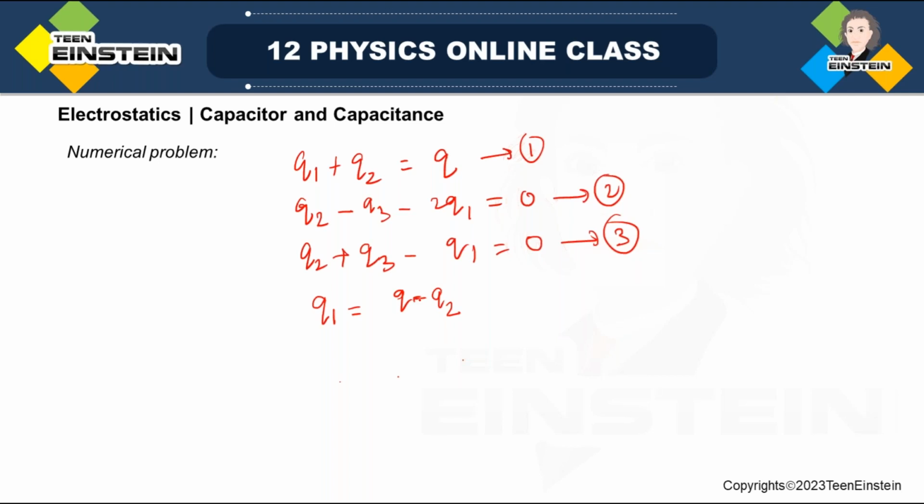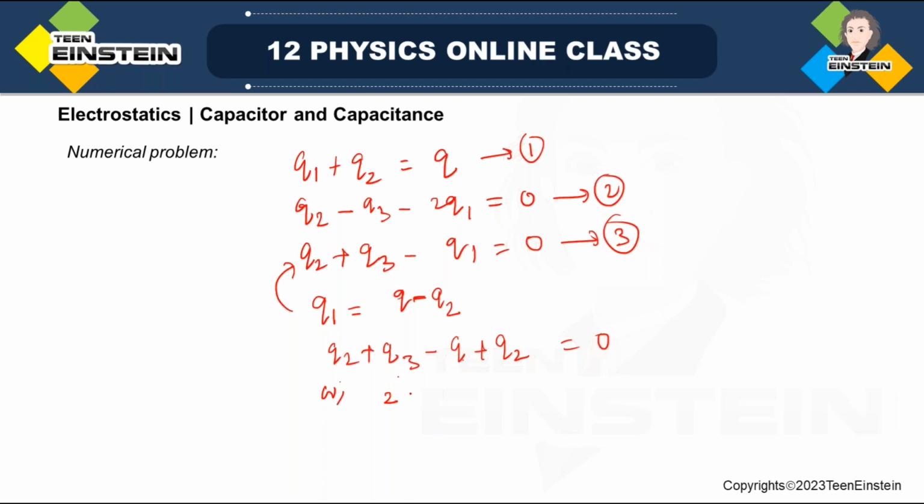Q minus Q2, and let me put it here. So if we do that, then see Q2 plus Q3 is there, and this will be minus Q plus Q2. This is equal to 0.